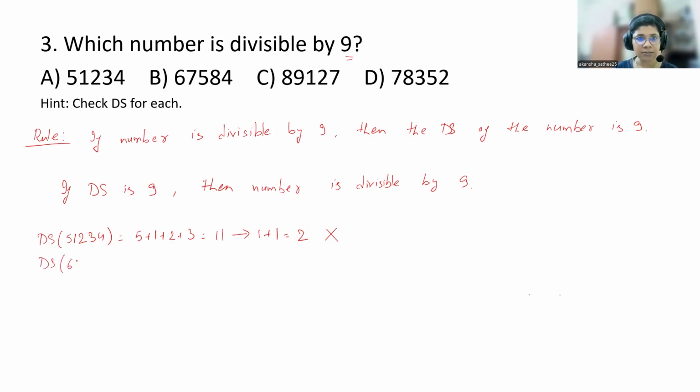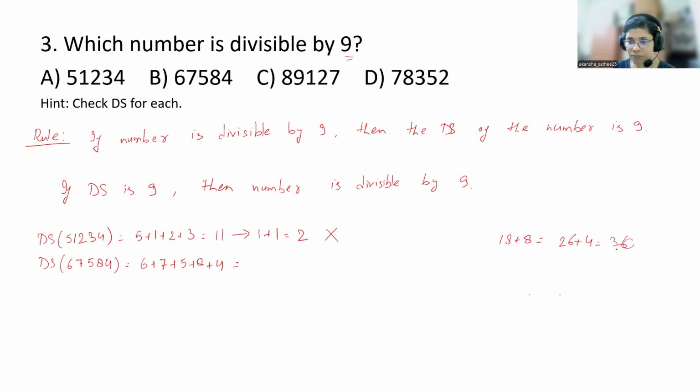Second option is 6, 7, 5, 8 and 4. You have to add them up. So 6 plus 7 is 13. 13 plus 5 is 18. 18 plus 8 is 26, right? 26 plus 4 is 30.